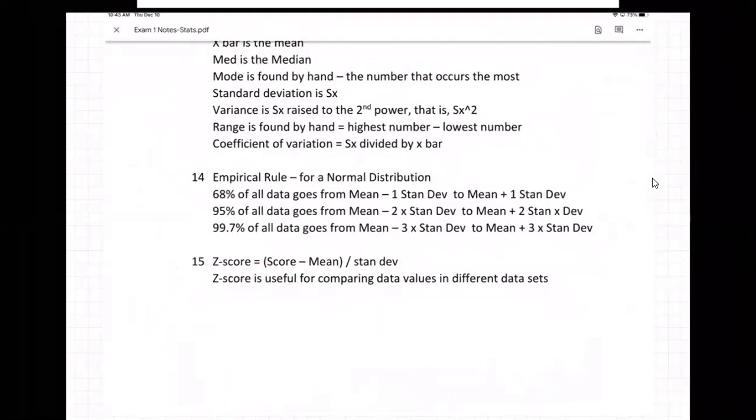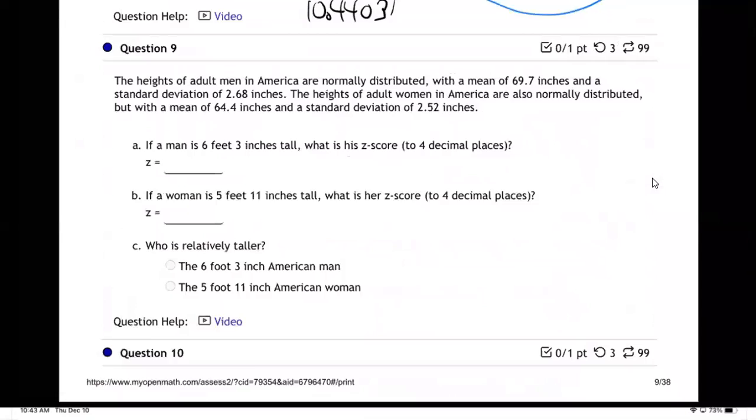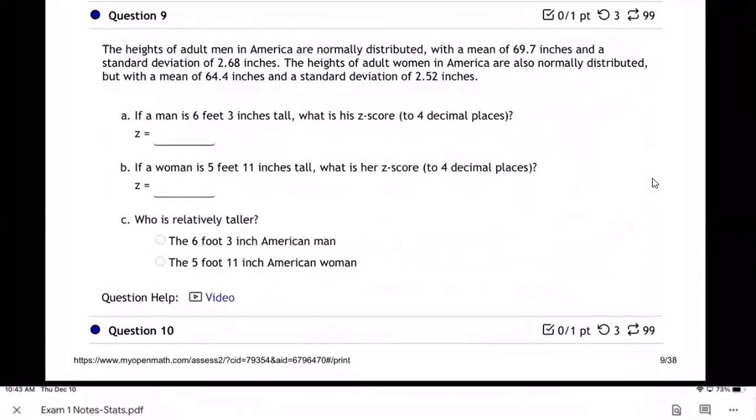It compares data values in different data sets. Score minus mean over standard deviation. So the Z-score will be score minus mean over standard deviation.